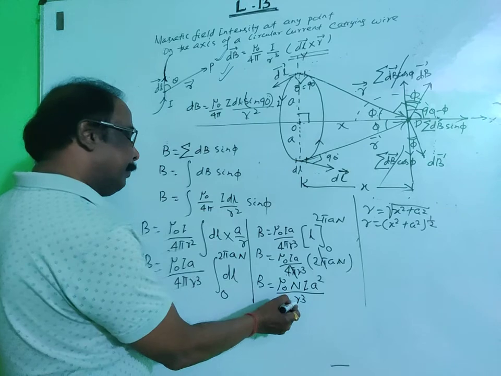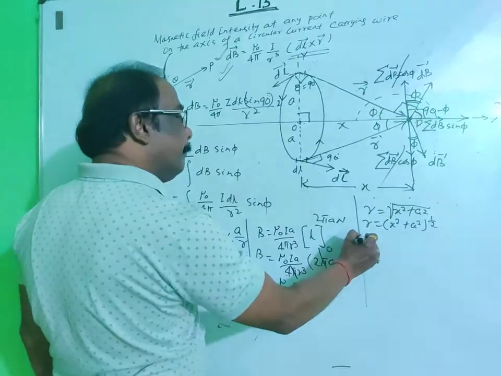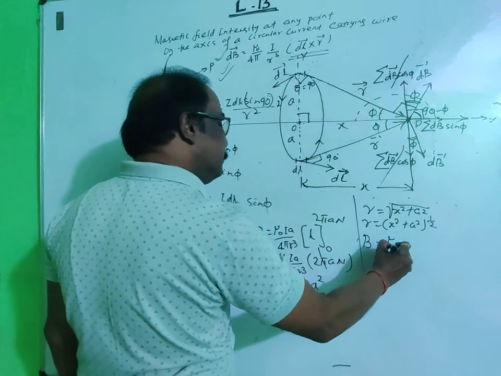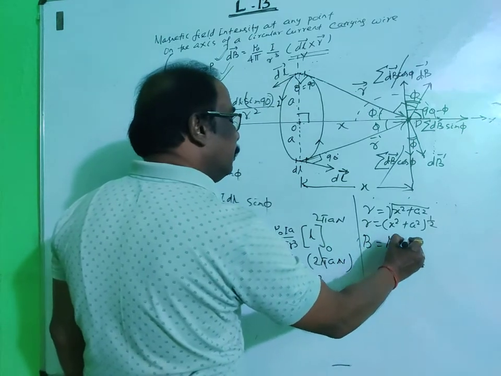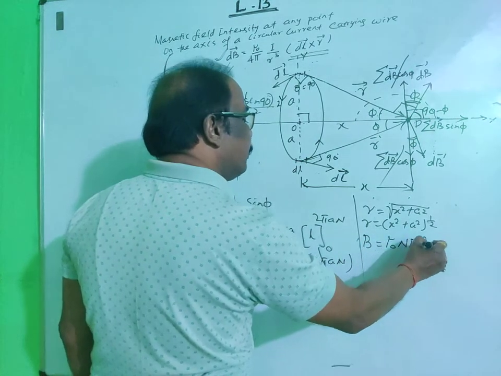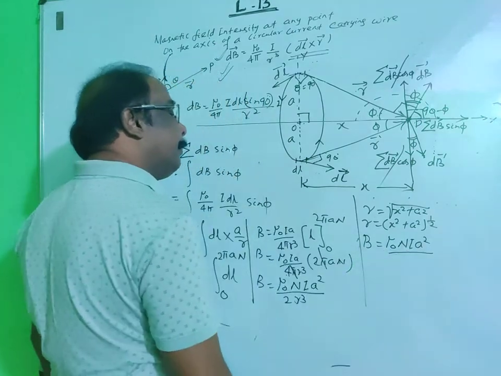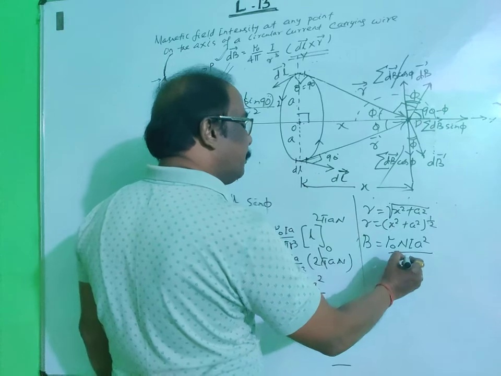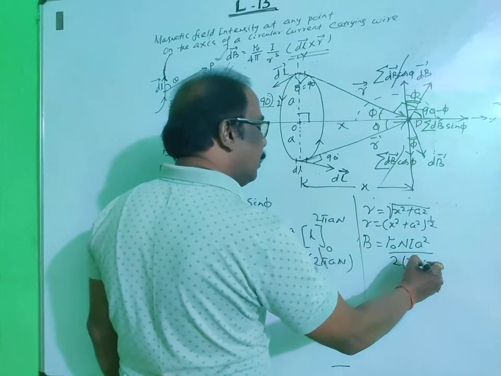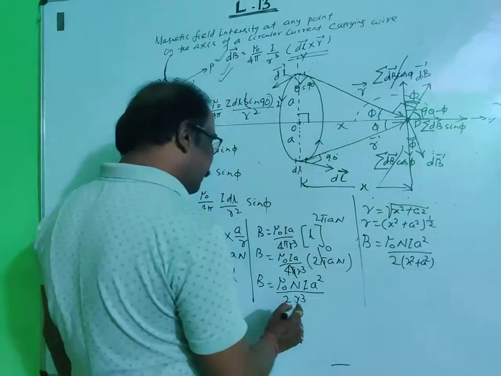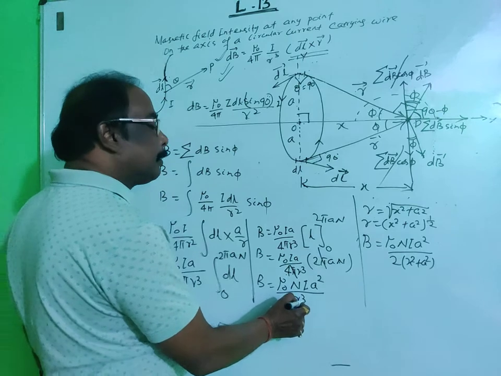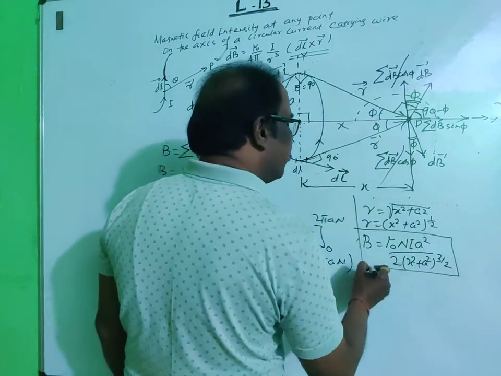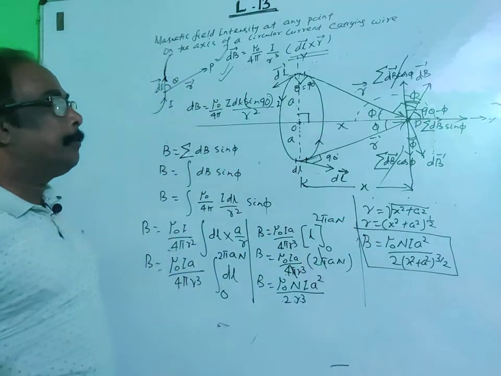Putting this value of r here, the magnitude of magnetic field is mu naught n I a square divided by 2 (x square plus a square) to the power 3 by 2. This is your expression for the magnitude of the magnetic field.